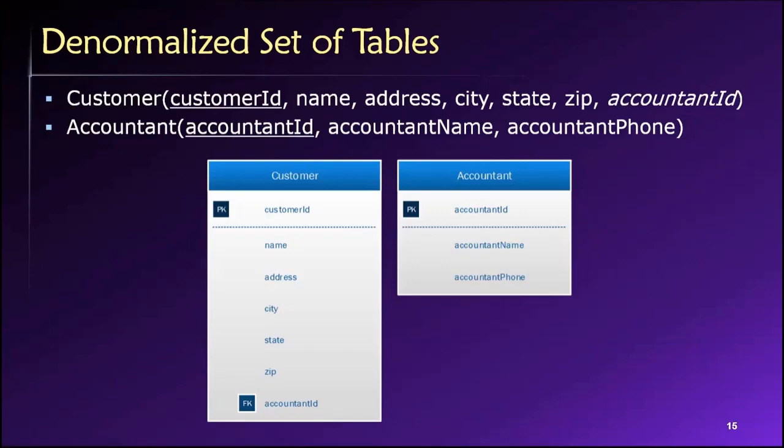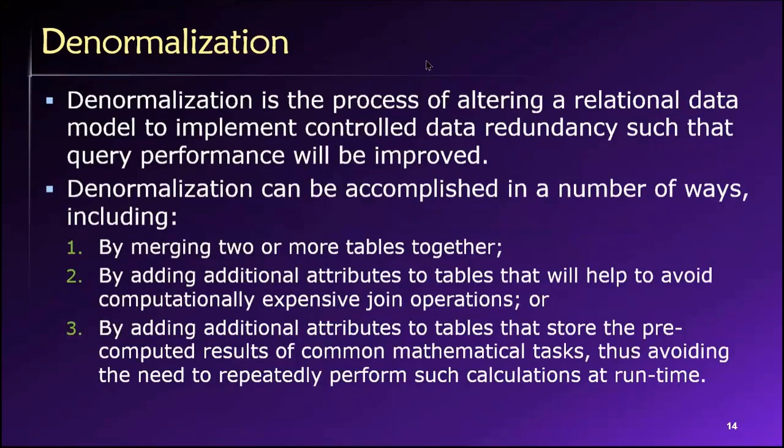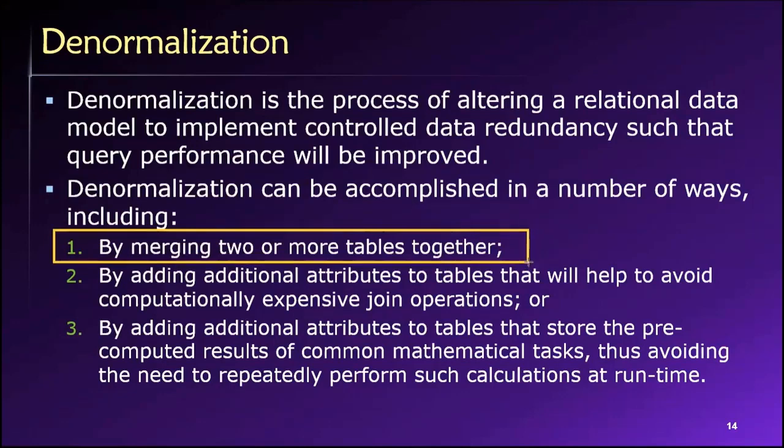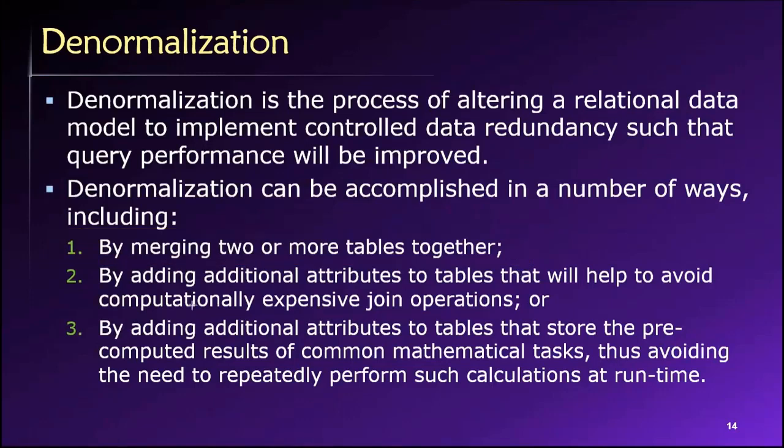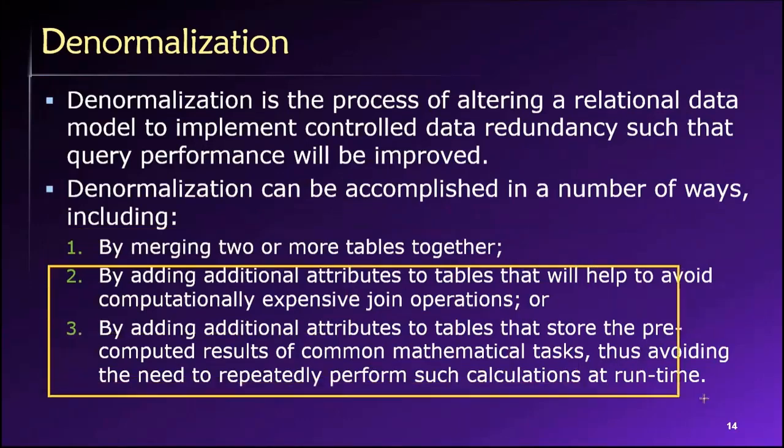Now, remember, what we've been discussing for these past several minutes is just one of these three different tools that we have in our denormalization toolbox. Okay. So you can merge two or more tables together. That's what we just did. We merged that zip code table into the customer table. But we have other things that we can do as well.